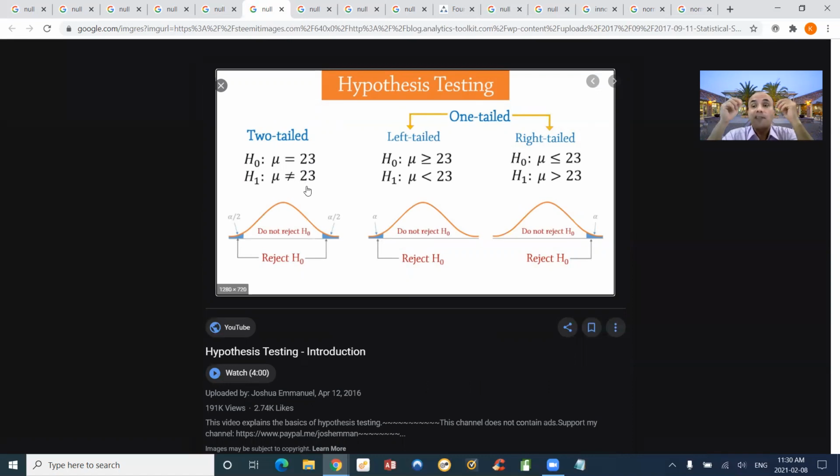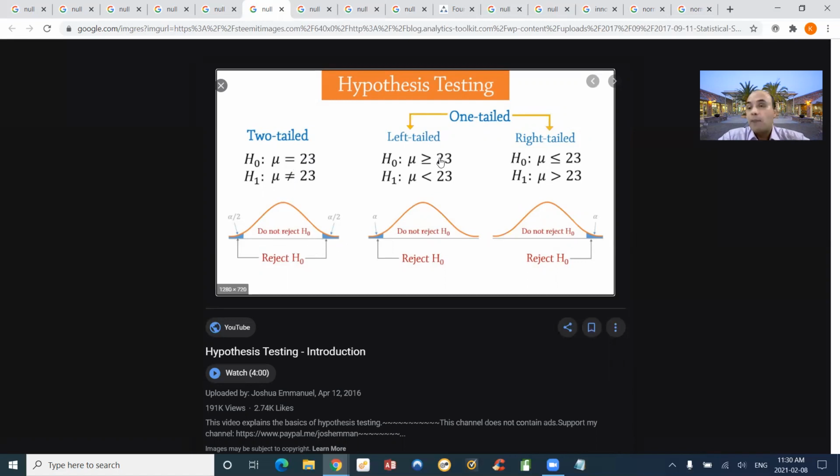If my statement is limited to 18 years old only, then my argument would be 16 years old, 17 years old, 19 years old, 20 years old. If you are focusing on that 18 years old, anything other than 18 years old would be important. And as such, I'm going to look into the two tails.